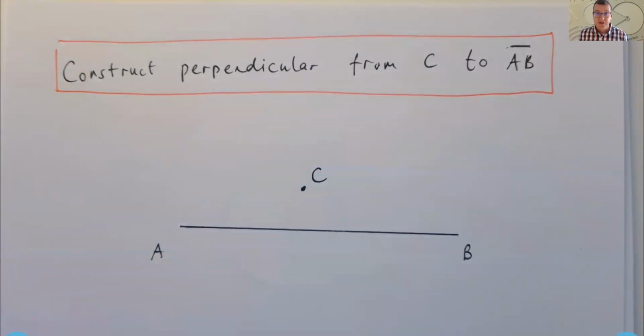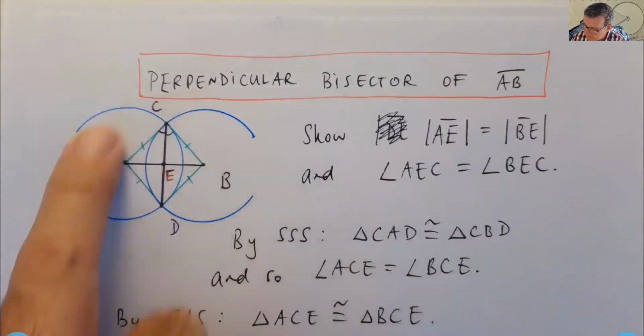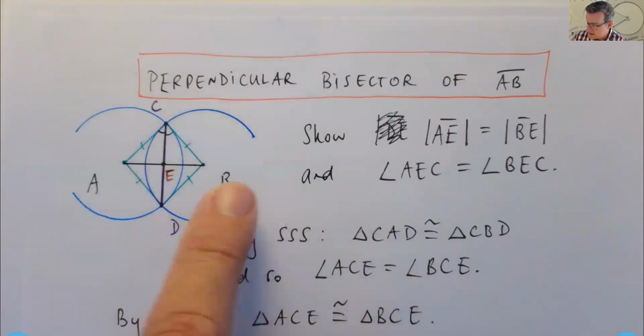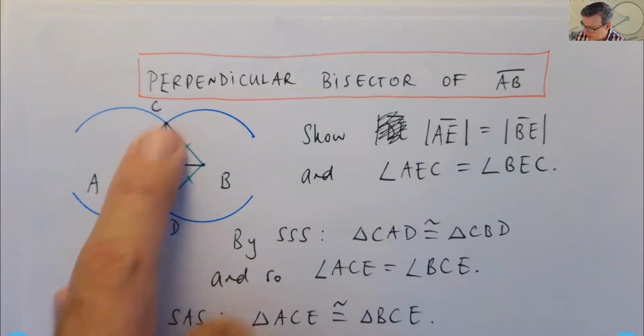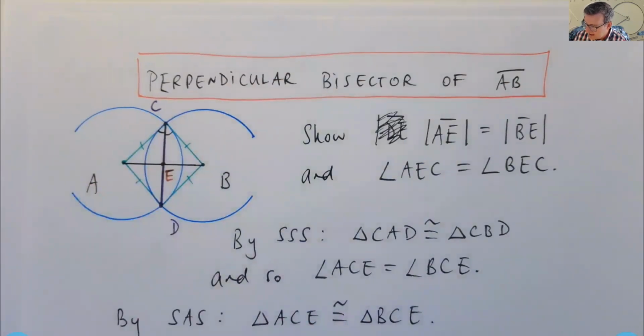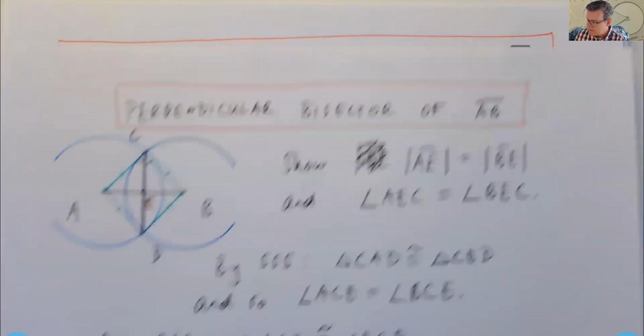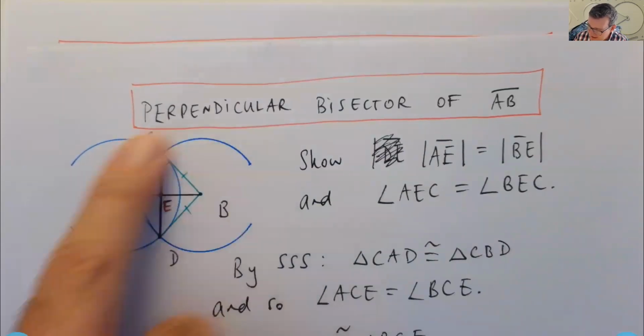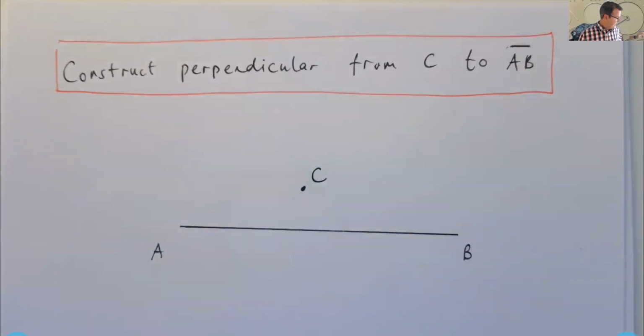Okay, so how do you do it using these tools? Well, it's very similar to what you do with the compass. And in particular, the moves are very similar to constructing a perpendicular bisector of a line segment. So this construction can be related back to an earlier construction that I looked at.